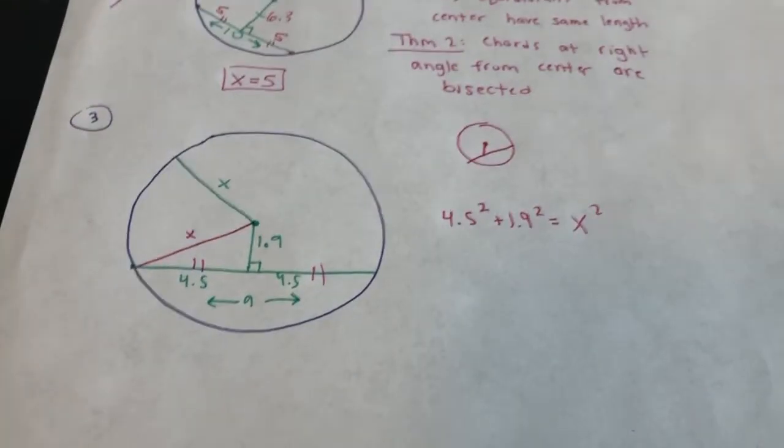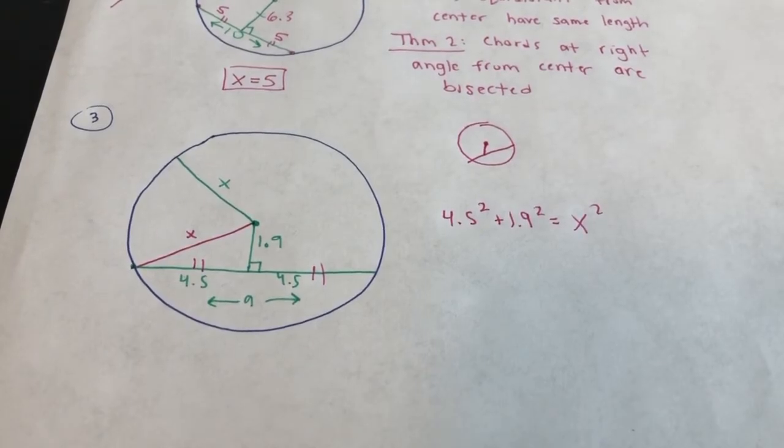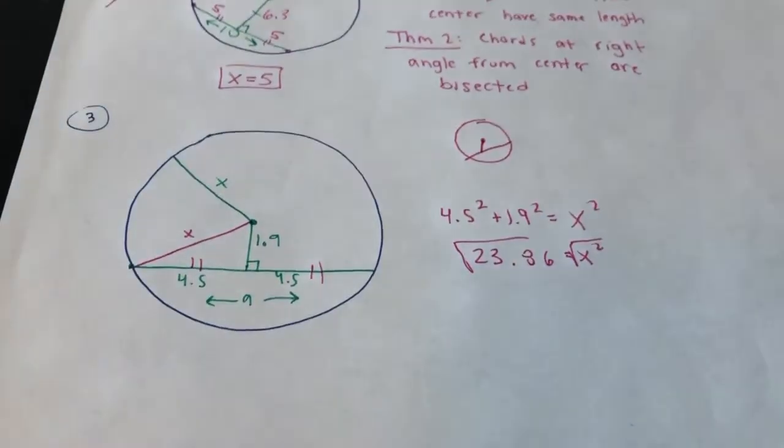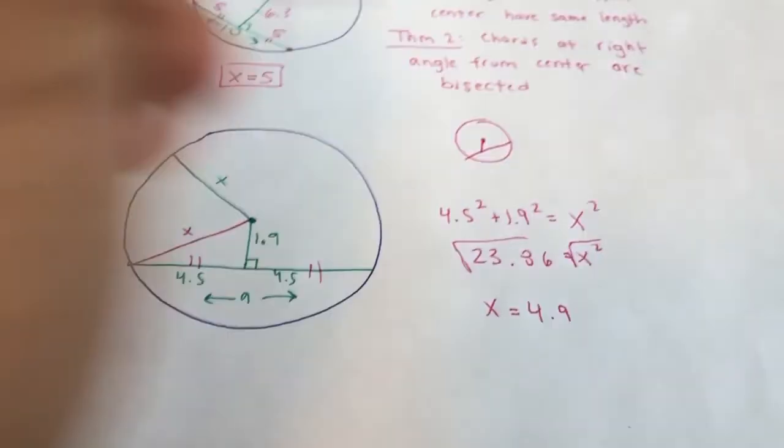Let's do a little calculator math here. 23.86 equals x squared. We'll square root both sides, and we get x is 4.9.